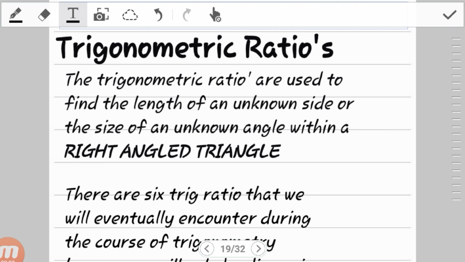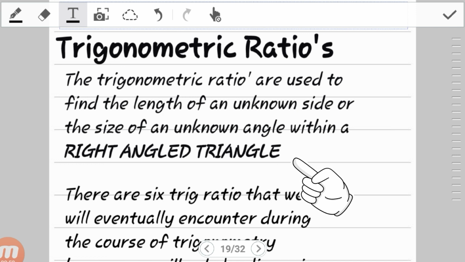On screen here, you can see some information showing that the trigonometric ratios are used to find the length of an unknown side. But in addition to finding a side, we are also capable of using them to find the size of an unknown angle. So it does two things for us, and specifically the ratios are used in a right angled triangle.